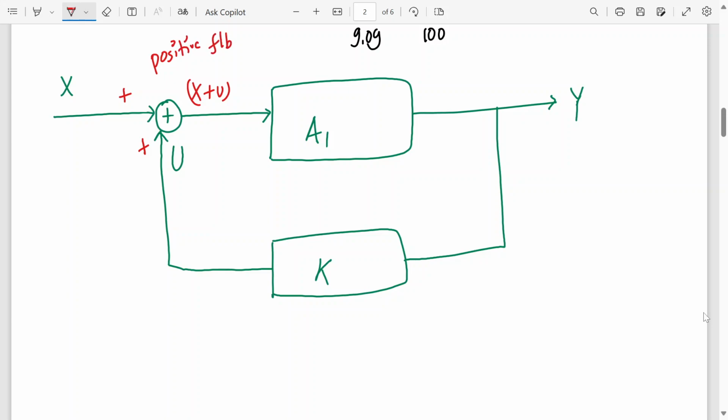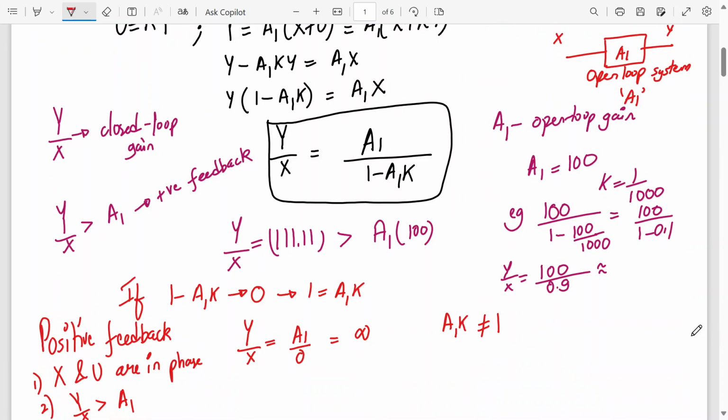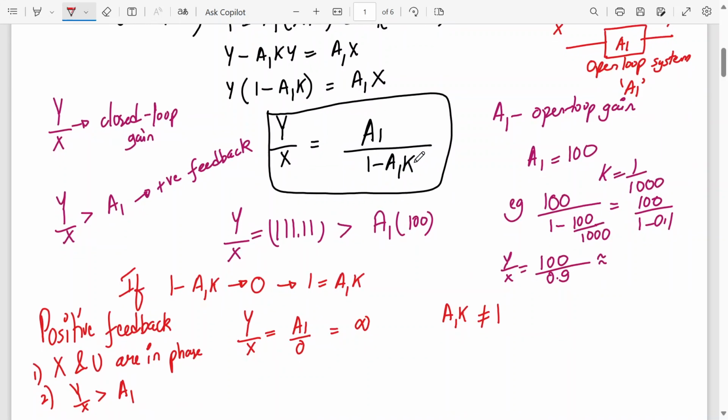समझ में आया? Second thing, in positive feedback, y upon x, the gain of this system, is greater than a1. This is my open loop gain. Meaning when I do not connect the feedback, that time what was the gain. When I connected the feedback, the gain has increased. So this means that if you keep on increasing the value of k here, a being constant, y by x will keep on increasing. And at one particular value of k, 1 minus a1 into k will become 0.